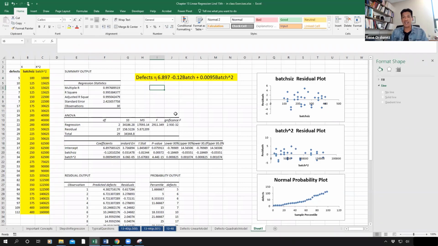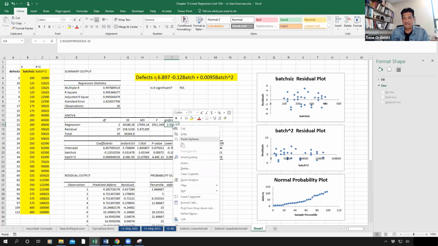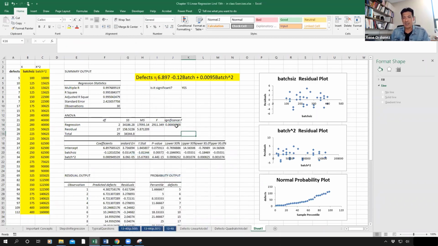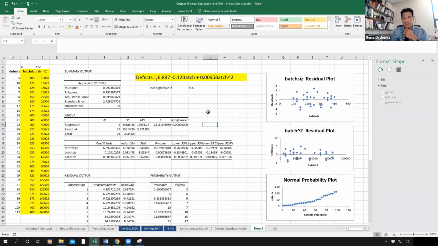Is this model significant? Answer is absolutely yes. Why? Look at the p-value. It's almost zero. It's not going to be exactly zero. Okay.